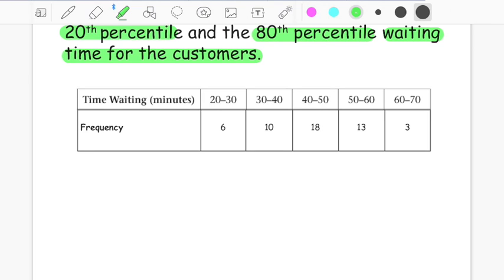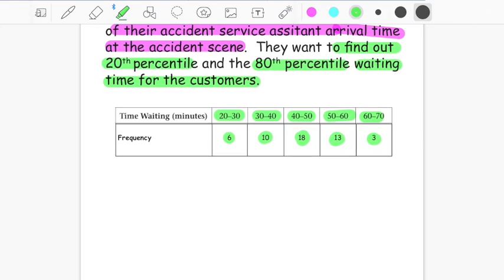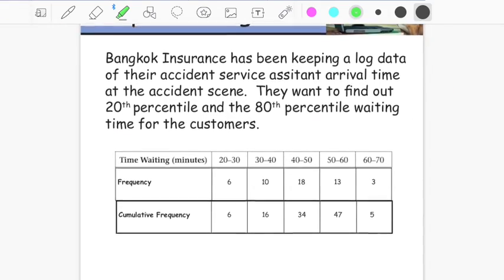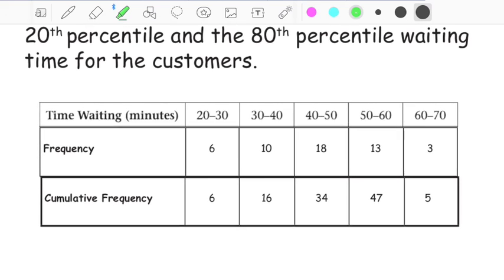For the time that customers have to wait between 20 to 30 minutes, 6 customers waited that long. For 30 to 40 minutes, 10 customers, 40 to 50, 18 customers, and then 50 to 60, about 13 customers, 60 to 70, 3 customers. So let's see, how can we find that?